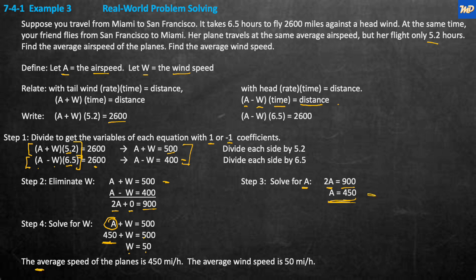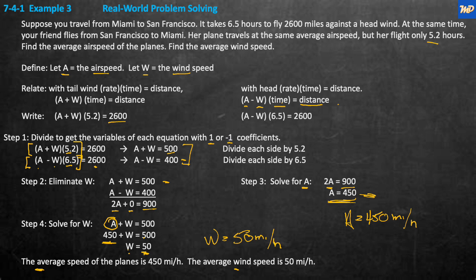And we have that right here: A is equal to 450 miles per hour. And the average wind speed, the W, is 50. So that's the wind pushing or helping or hurting. So W, the wind speed, is 50 miles per hour.